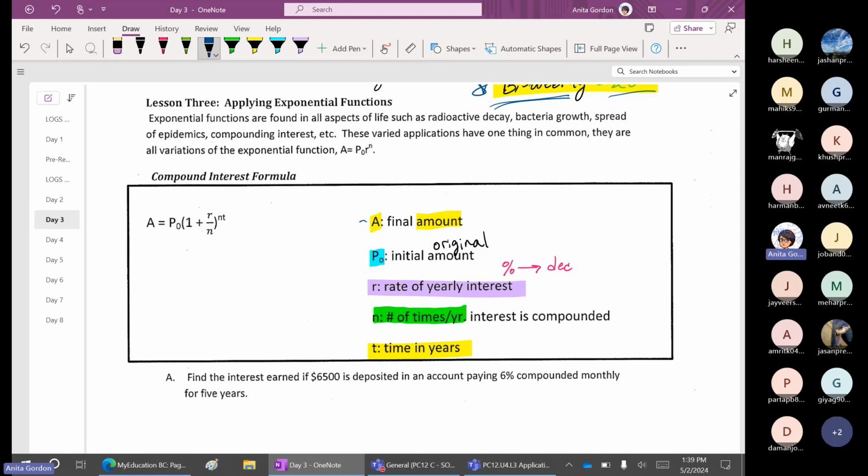Look at all the pieces of information that you know. You know your final amount, you know your initial amount, you know how long you invested it for, at what rate you invested it for. If you put in a bunch of money and you got out a bunch more money, how would you calculate your interest? Final minus initial, right?